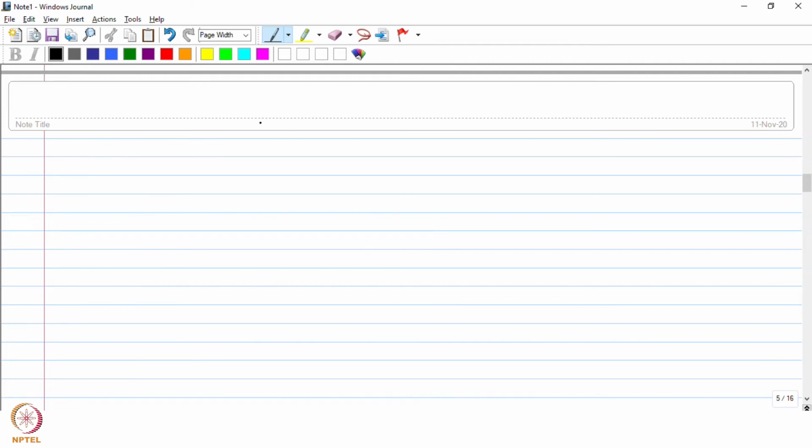Now let us also talk about the dislocation mechanisms of strengthening in a metal matrix composite. So we have seen before, any strengthening comes down to the fact that the dislocation motion is hindered.